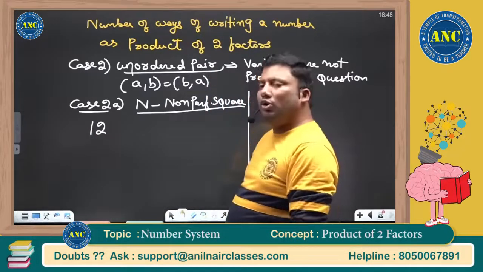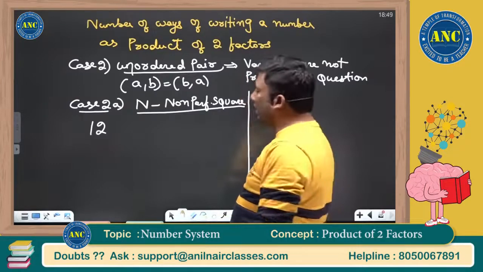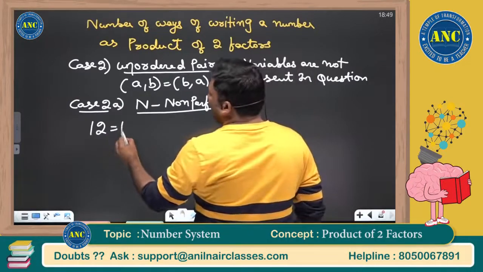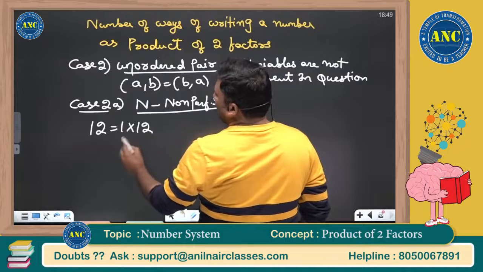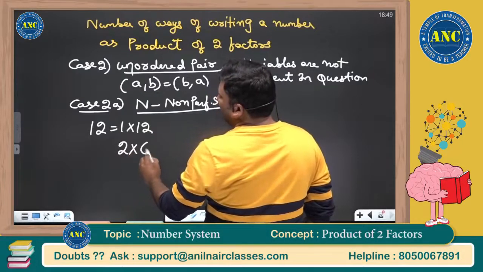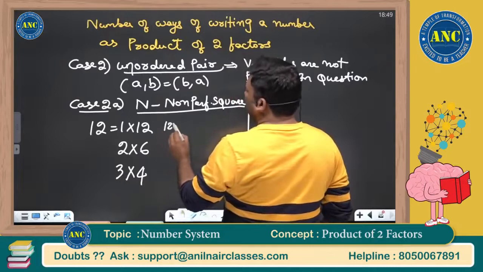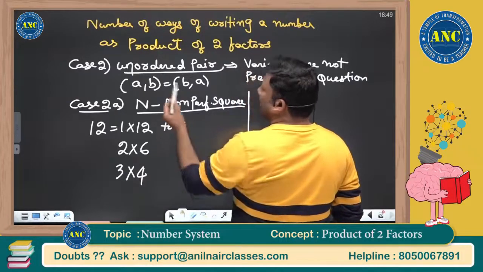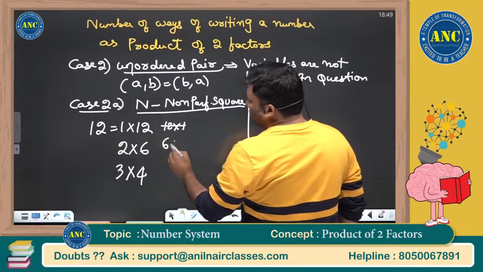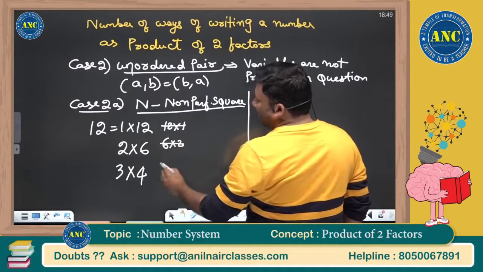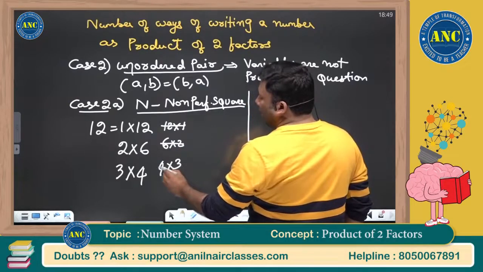No, it lies between two perfect squares, 3 square and 4 square. So it is nothing but 1 into 12, 2 into 6 and 3 into 4. Should I write the reverse? 12 into 1, reverse should not be written. 6 into 2, it cannot be written. 4 into 3, it cannot be written.